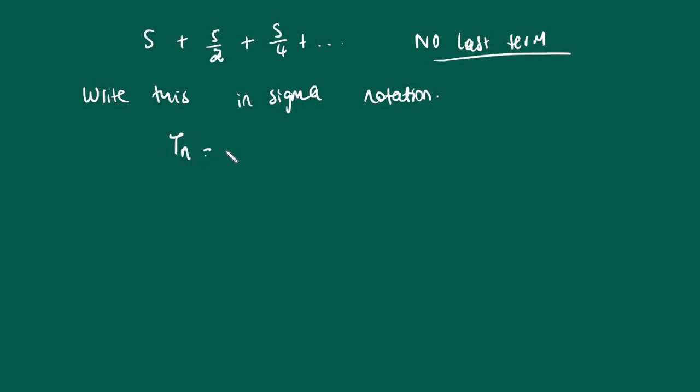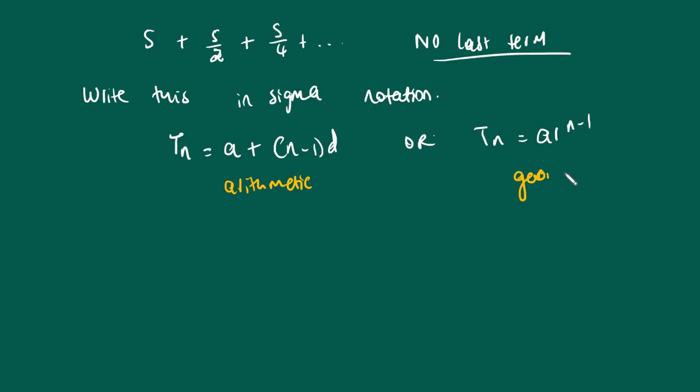So for me to know whether I should use Tn is equal to a plus n minus 1 d, or Tn is equal to a r to the n minus 1, I need to check whether the series is arithmetic or geometric. That's when I will know which formula to use.